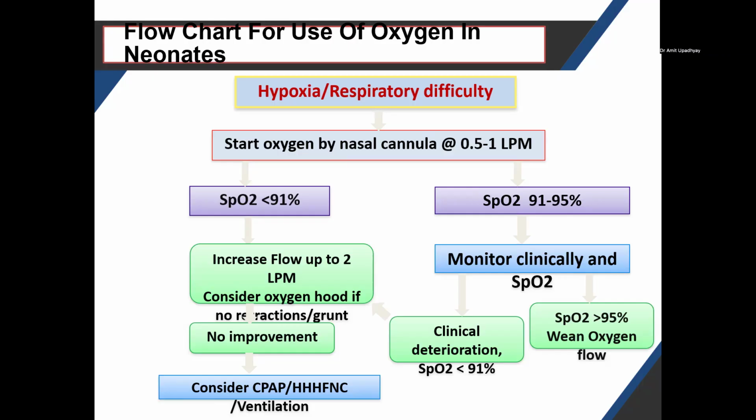But we live in an impoverished country. Opening up a CPAP would mean opening a whole new apparatus for CPAP. The cost may be there, and in government facilities they may not be readily available. So you can begin with oxygen and move on to CPAP.